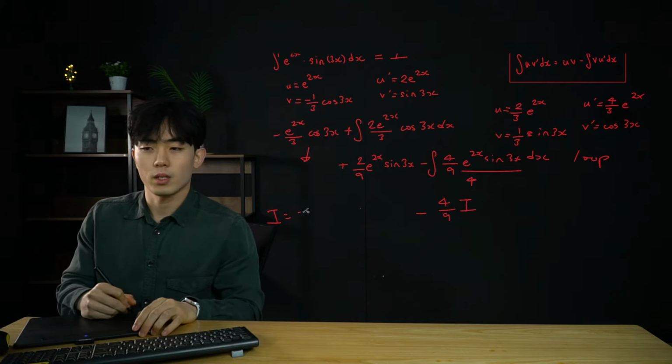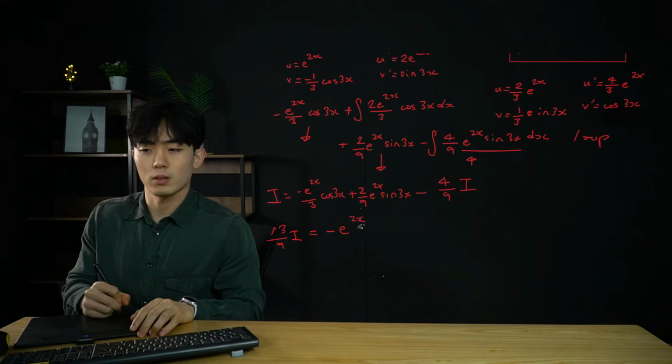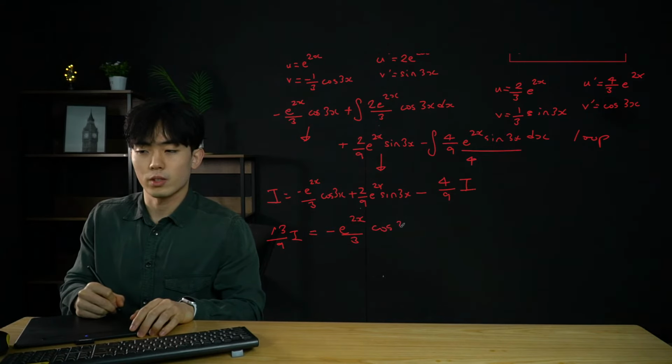So negative e to the 2x over 3 cos 3x plus this term here, plus 2 over 9 e to the 2x sine 3x minus this 4 over 9 I. Okay, so that means if I was to bring this 4 over 9 I to the right hand side, we'll be left with 13 over 9 I is equal to negative e to the 2x over 3 cos 3x plus 2 over 9 e to the 2x sine 3x.